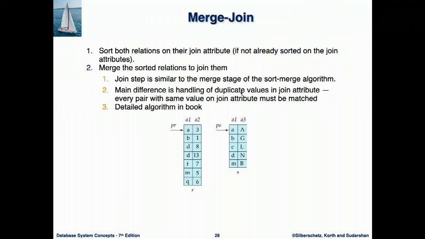And then let's think about merge join. At a very high level, merge join is a fairly good option. Probably it may be the best option when, for some reason, the relations that you want to join are already sorted by the join key.